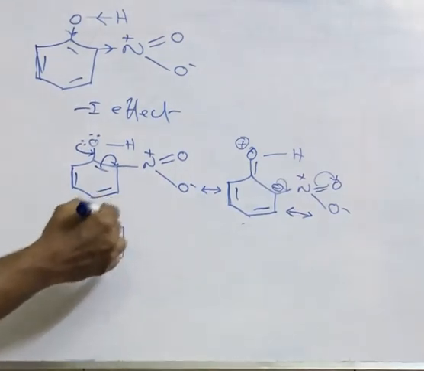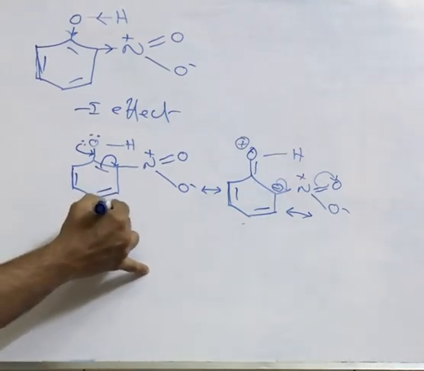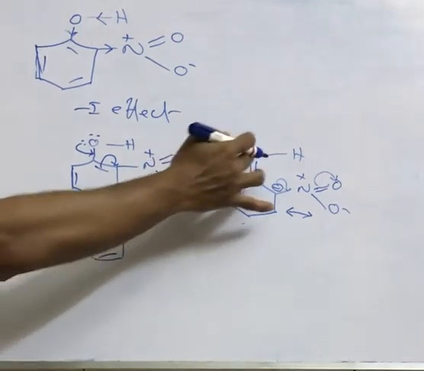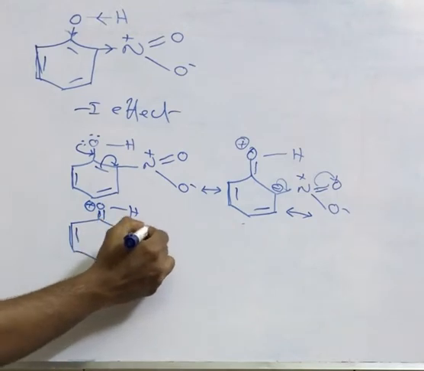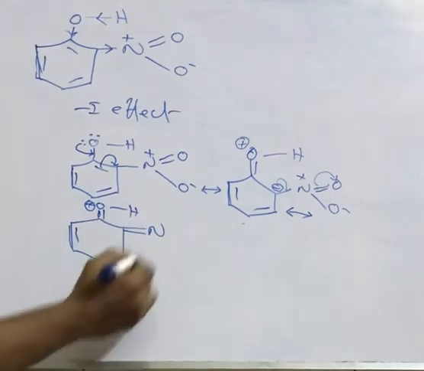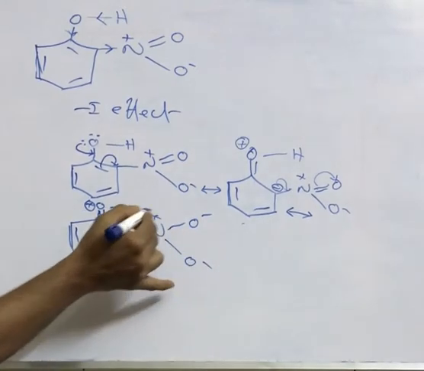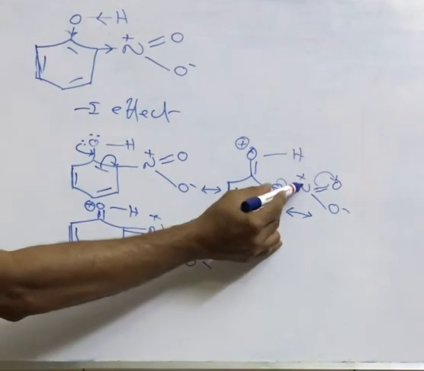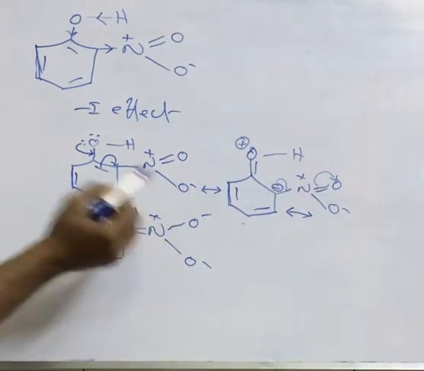The unchanged things can be written first: here the double bond O and hydrogen, with O having a positive charge as it is, there is no change. And here we now get a double bond to N. Then this bond becomes negative, and this is already negative and plus. So this is the form, because this went here, then this bond went to the next one, giving a negative charge.